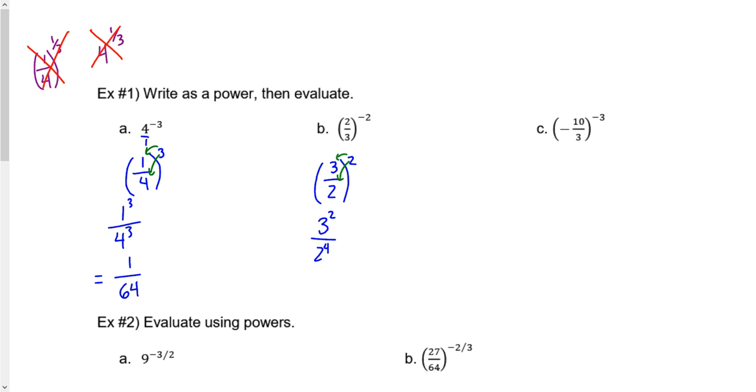Oh, sorry, I'm writing down the answer before. Three squared, 9, 2 squared is 4. Yes, if you type 2/3 to the power of -2 into your calculator, you'll get 2.25. But if you have the option to use fractions, use the fractions. Show your work, show that you can do it.